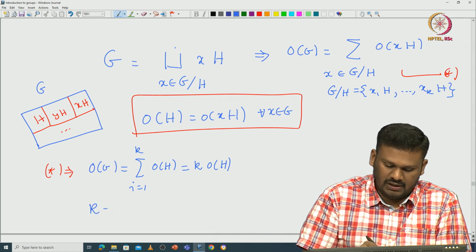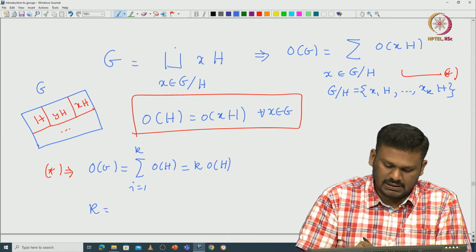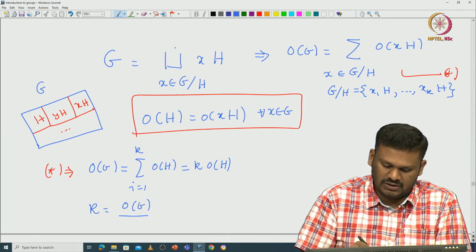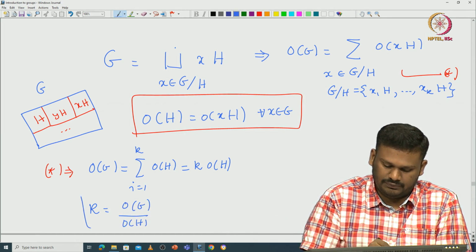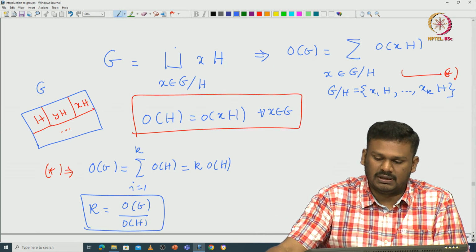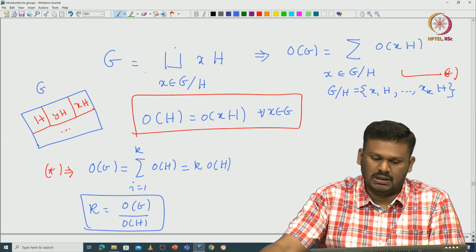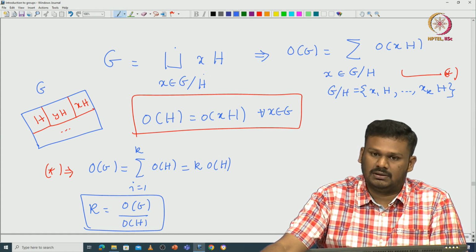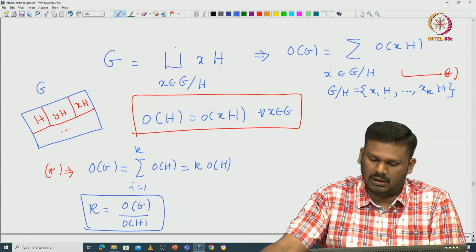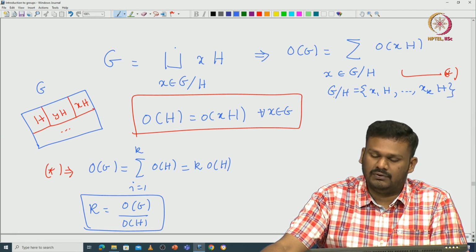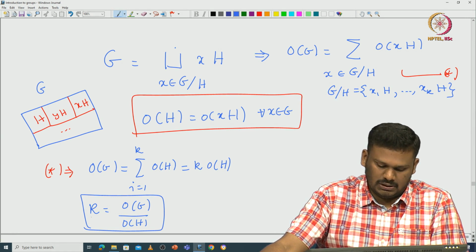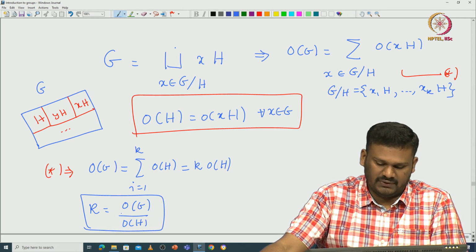So, indeed the number of left cosets is exactly equal to the order of G divided by the order of H. This is all possible because we are able to do this counting, since we are assuming our group is finite. All the subsets are finite, so even the number of left cosets will be finite, and we are able to count everything.